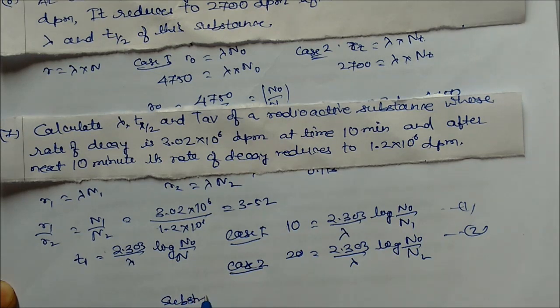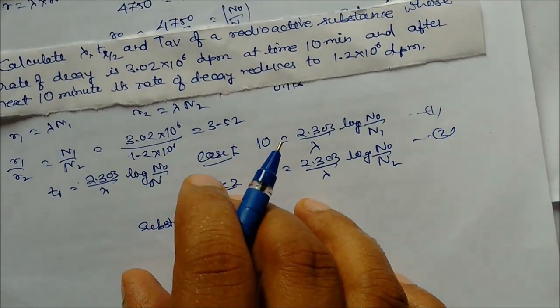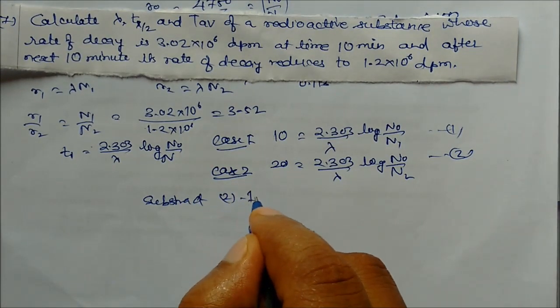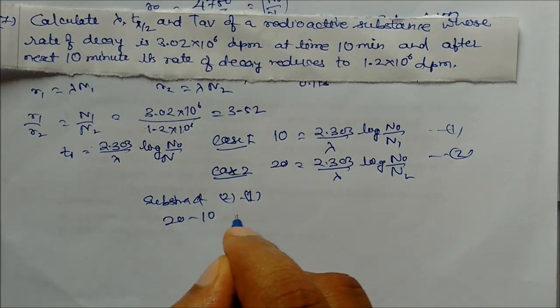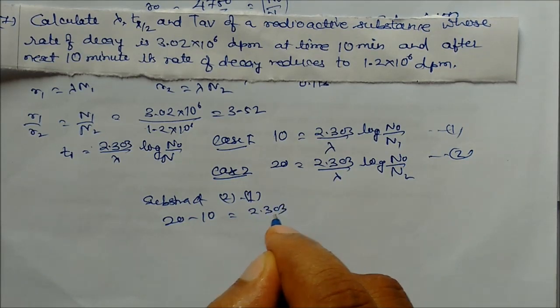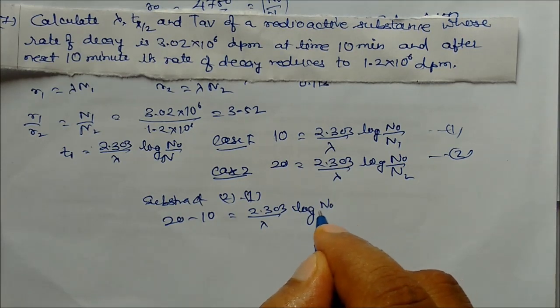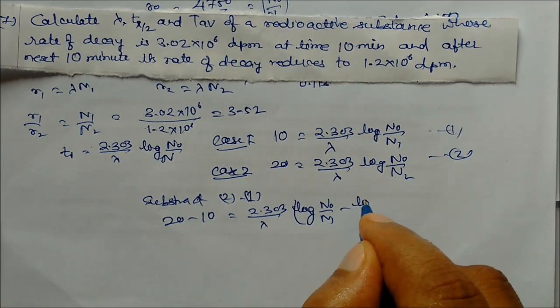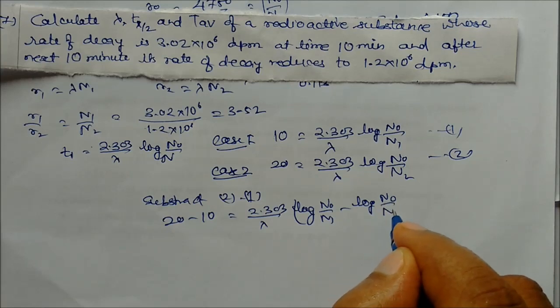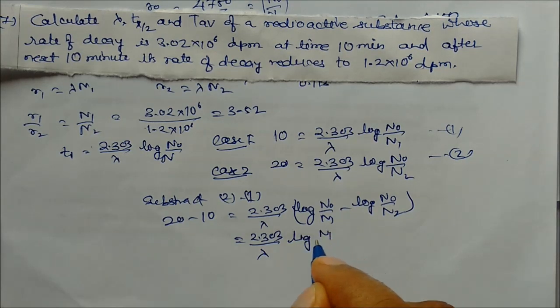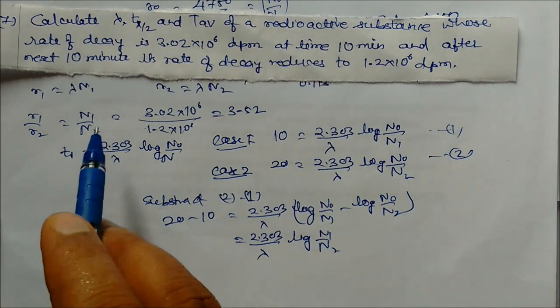Subtracting 2 minus 1, that is 20 minus 10, so this will be your common 2.303 by lambda, and log N naught by N1 minus log N naught by N2. On solving, you get 2.303 by lambda and log N1 by N2, and we have already calculated N1 by N2 over here.